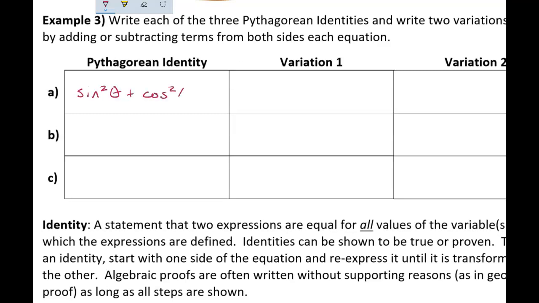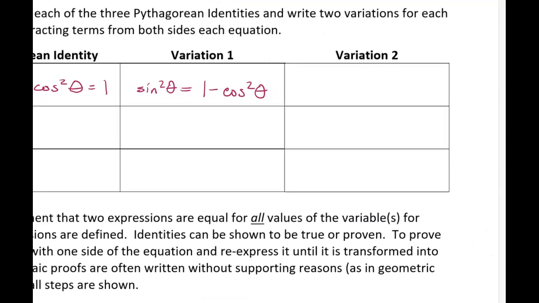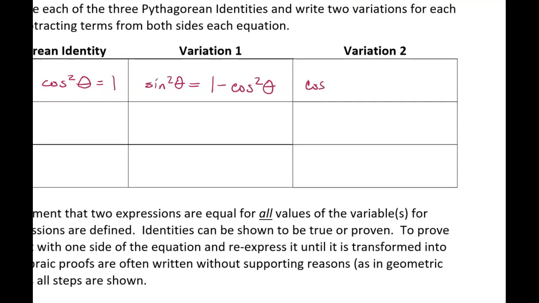So if we take sine squared of theta plus cosine squared of theta is equal to 1, we can create one variation by isolating sine squared of theta on one side of the equation. That would mean that sine squared of theta is equal to 1 minus cosine squared. We can also create another variation by isolating cosine squared on one side of the equation. So if sine squared plus cosine squared is equal to 1, then cosine squared is equal to 1 minus sine squared of theta.